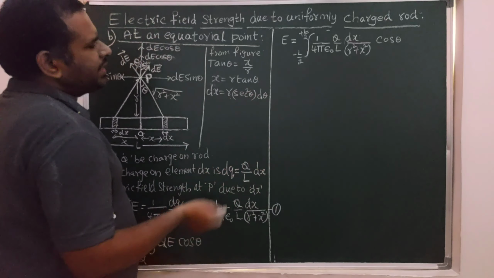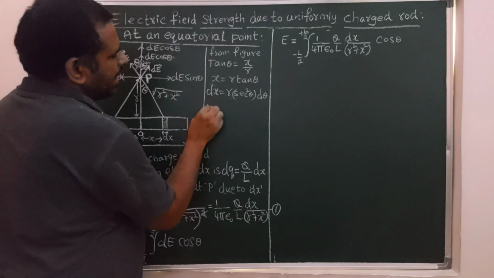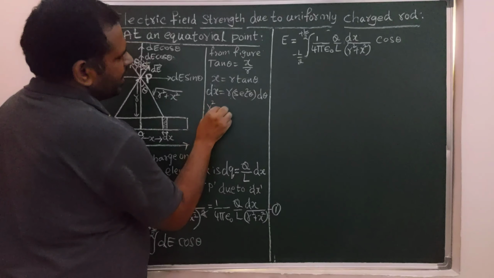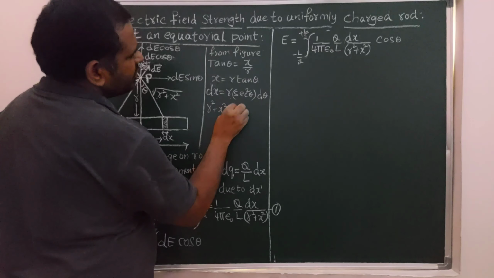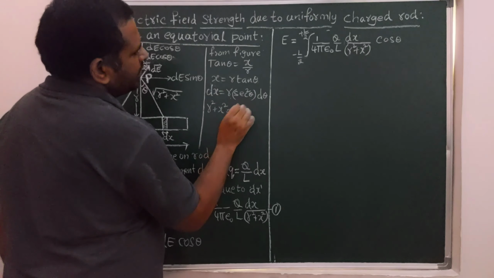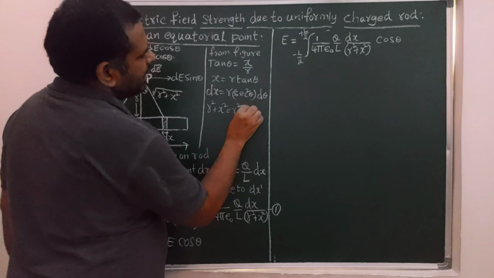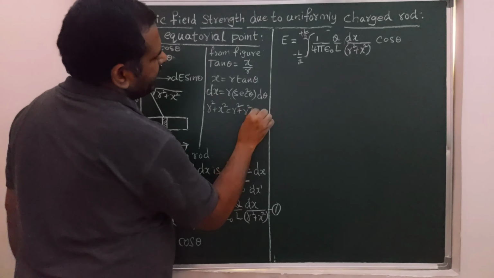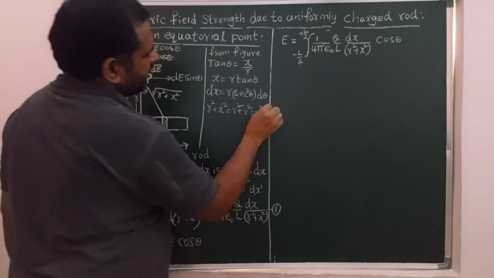So how can we eliminate r square plus x square? R square plus x square is equal to r square plus x square, where x is r tan theta. So x square is r square tan square theta.